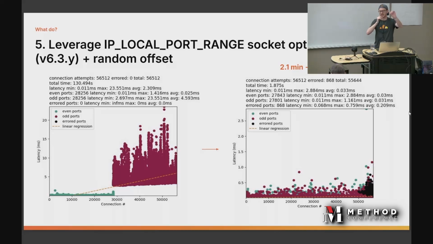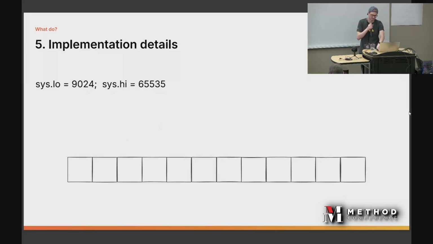Crazy. The reason why this works is that, recall earlier, if your low port is odd, it starts looping at odd. If it's even, it starts looping at even. So the trick is that it randomly picks between the two, and you get this massive performance improvement.